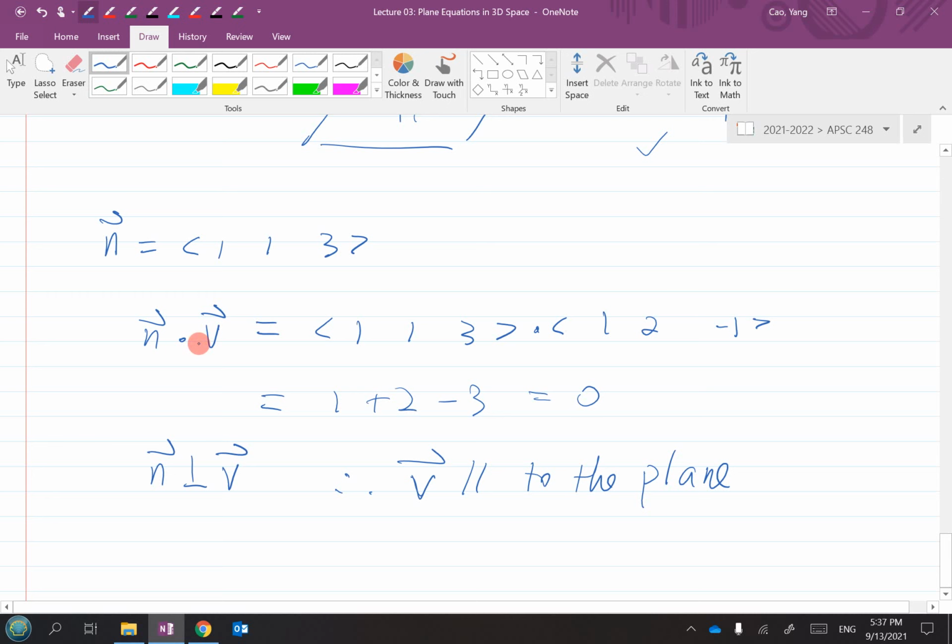You see, that simple calculation of either the dot product or cross product will reveal a critical relationship between this vector V and the plane. But not for this question, since this is dot product zero. The cross product is just one example of how you can reveal the other relationship. Good?